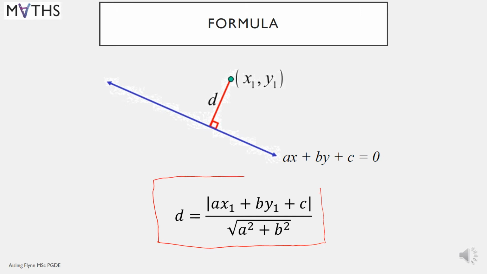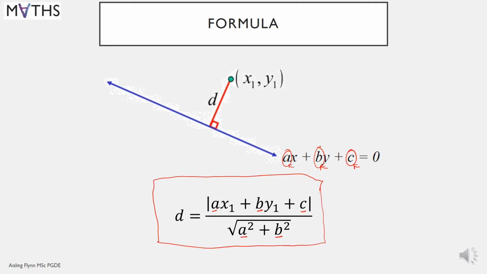Okay, so the values of a, b and c come from the equation of the line. A is the x coefficient, b is the y coefficient, and c is the constant term. Okay, and here you can see those in the formula: a, b and c, and a squared plus b squared underneath.